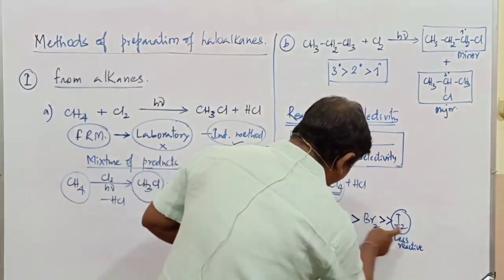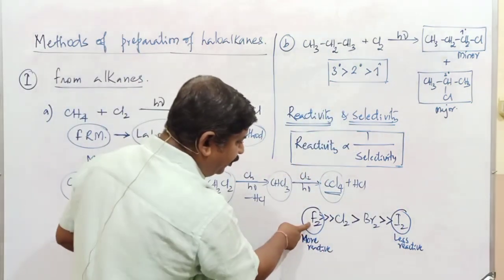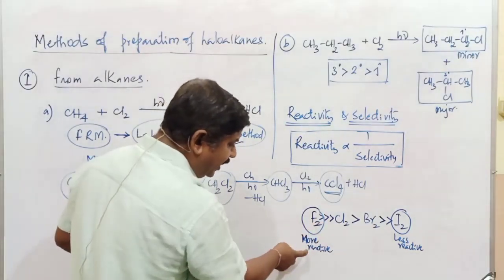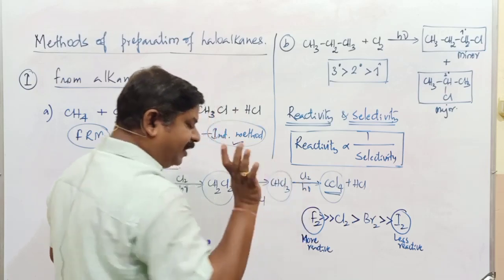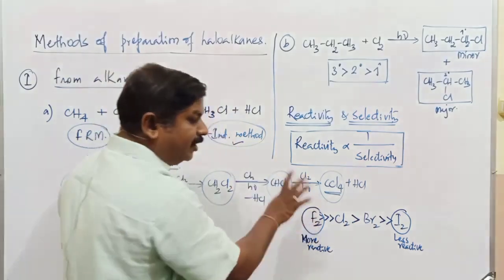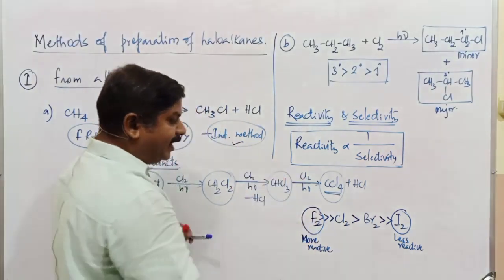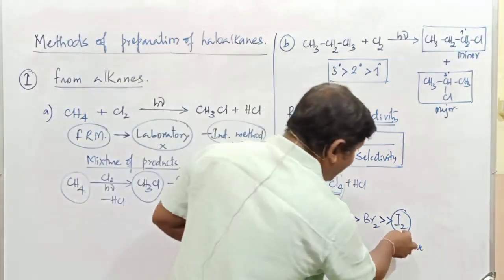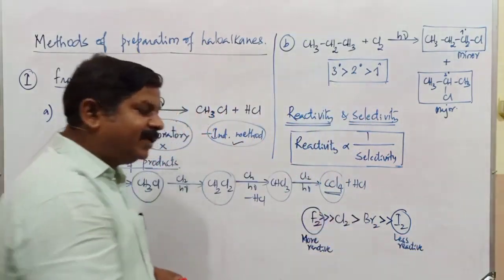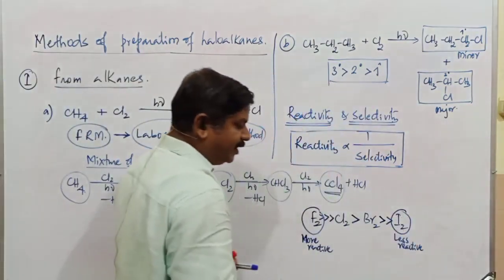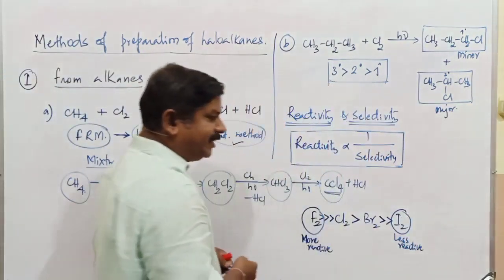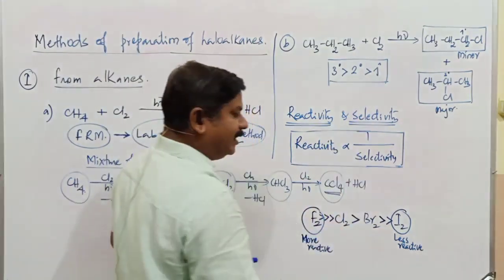Now if you consider fluorine, since it is very electronegative in nature, its reactivity is very high. Because of that, it is very difficult to control the reaction, hence we have very few or limited compounds of fluorine. And the iodine reaction itself does not take place under normal conditions because it is less reactive. When the reaction itself does not take place, the question of selectivity does not arise.